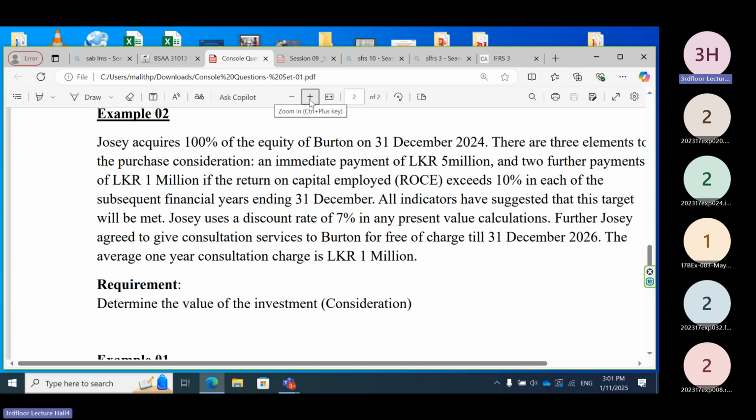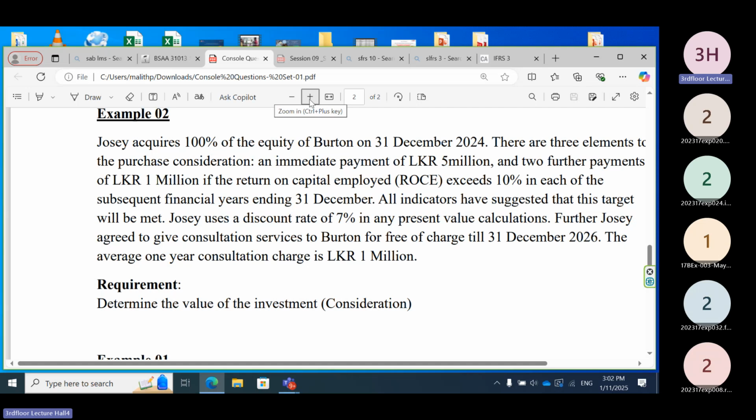Possible, not probable. Probable, possible, and remote, right? So this possibility should be evaluated. To evaluate that possibility, they have given a kind of indication.